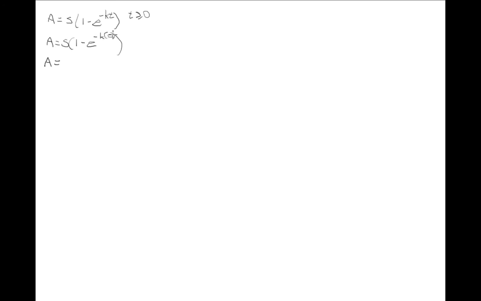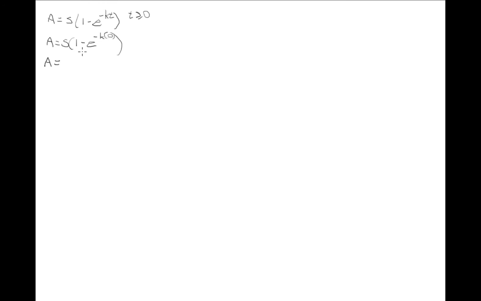Minus 0 is just 0. Any number to the power of 0 is just 1. So 1 take 1 is just 0, and S multiplied by 0 is also 0.